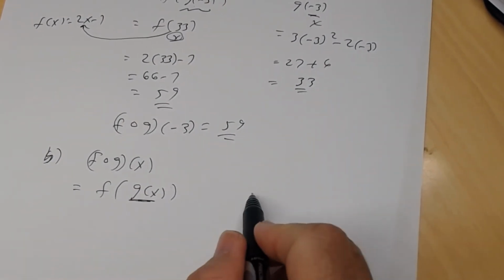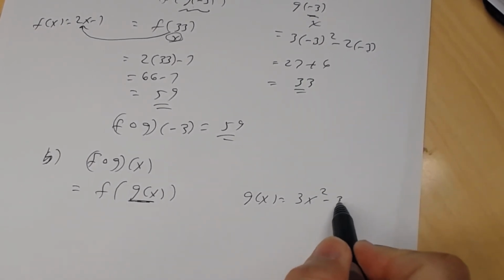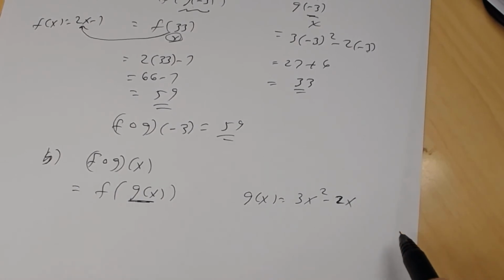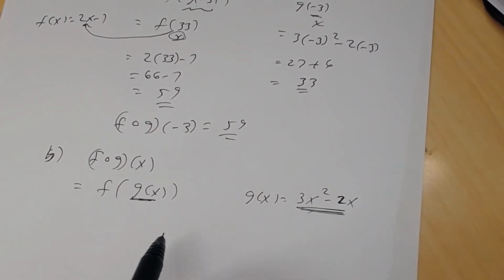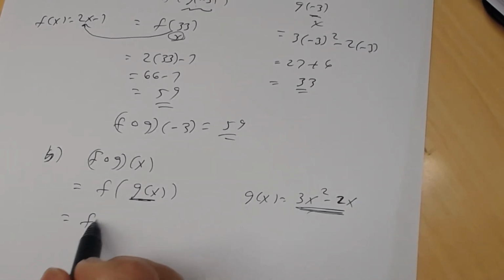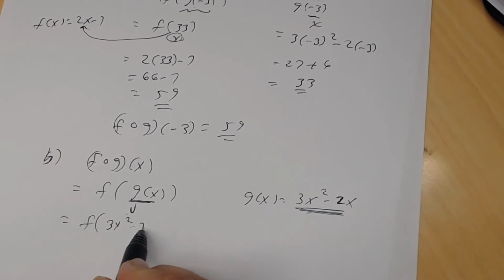Well, what's g of x? Remember, g of x is the expression 3x squared minus 2x. So in place of g of x, I'm going to substitute this whole thing. So this becomes f of 3x squared minus 2x.